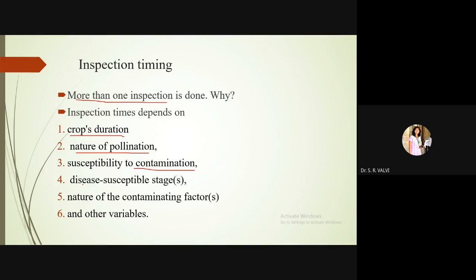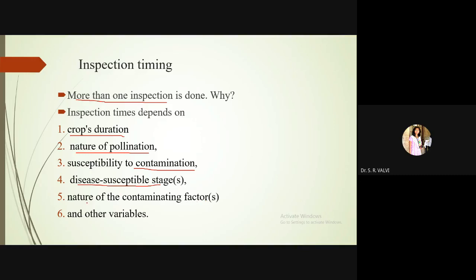Then disease susceptible stage: which are those stages in which disease is going to occur. This is again a very important point. Suppose you know that at this particular stage a contamination is going to occur, you are going to take previous care in order to stop the occurrence of disease. The next is nature of contaminating factors: whether a single factor or many factors are going to contaminate your crop.